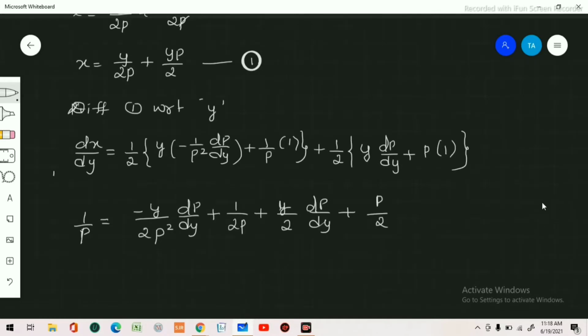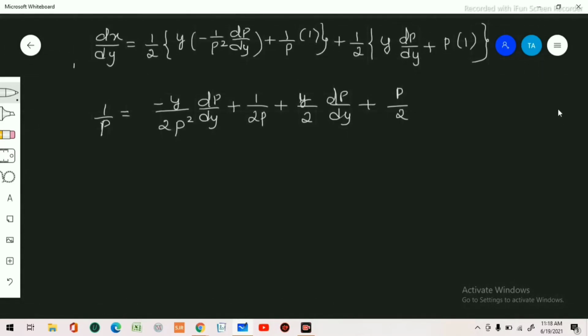Next step, you have to bring all the terms to the left hand side and equate that to 0. So 1 by p I'll keep as it is. Can you see this part? Minus 1 by 2p, so like terms I'm grouping together. And one more time I have minus p by 2.